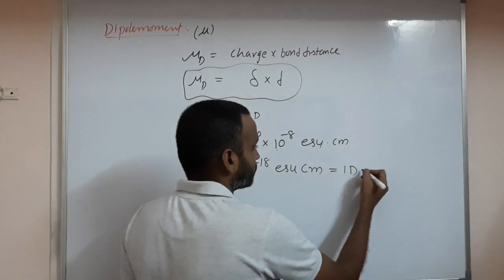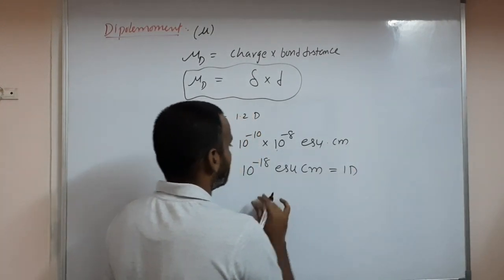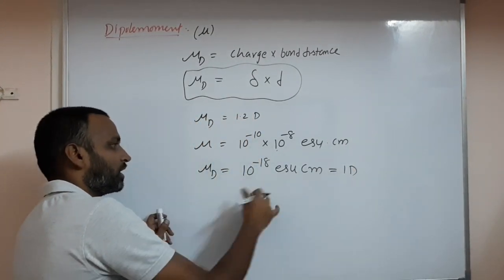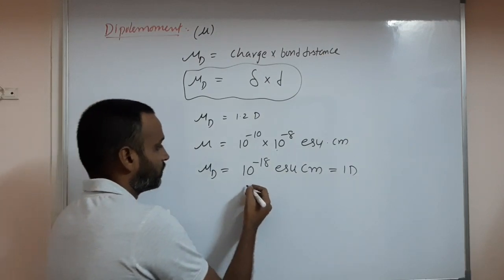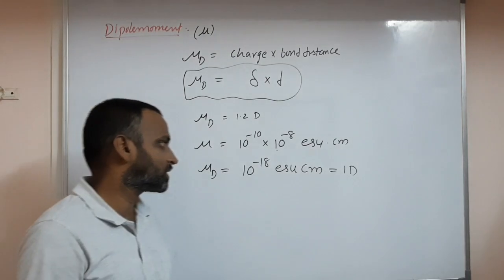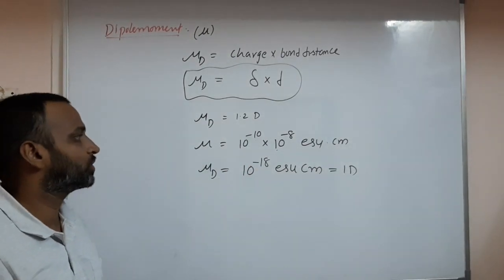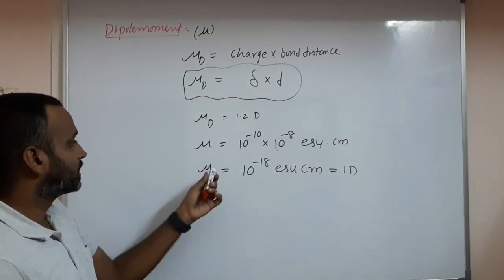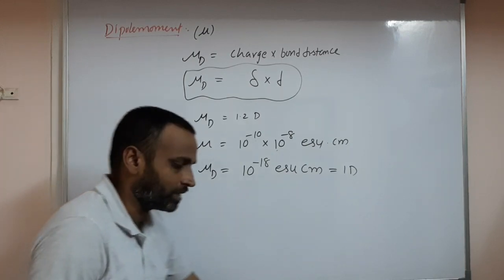In SI units, 1 debye is 3.33 times 10 power minus 30 coulomb meter. That conversion was also given previously and you know it already. So this is about debye units.